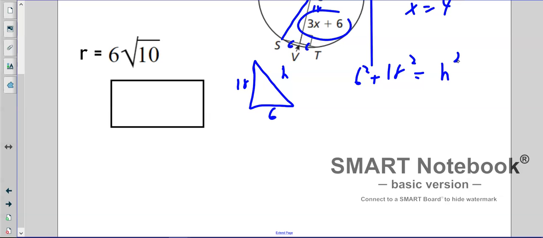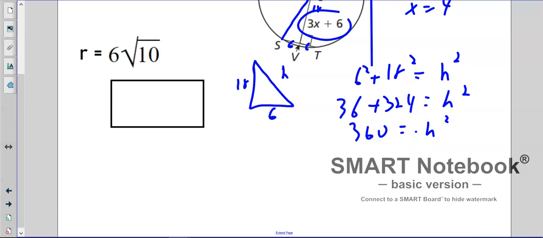Okay? So 6 squared is 36. 18 squared is 324. We add 36 to 324. We get 360. And we're going to take the square root of both of those.